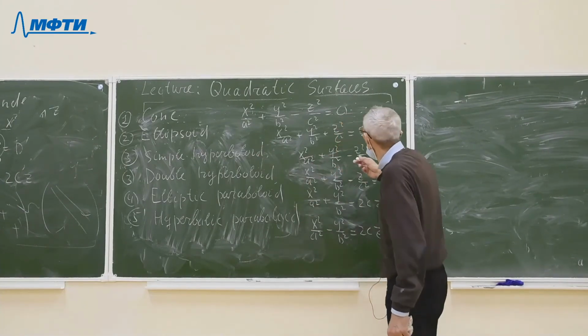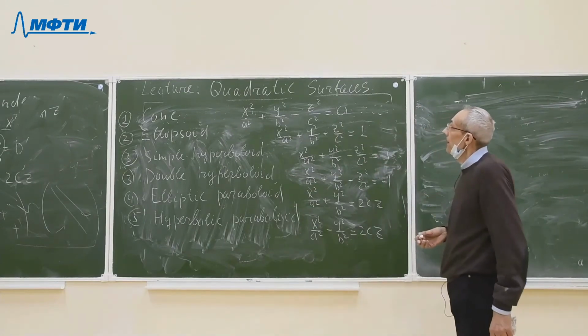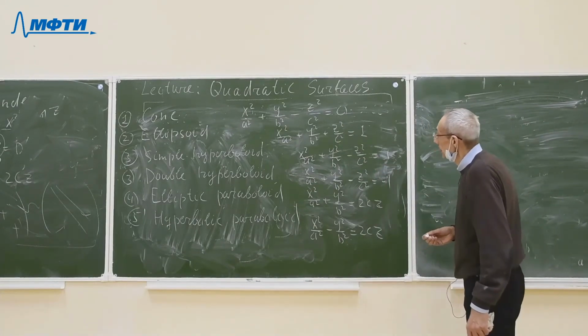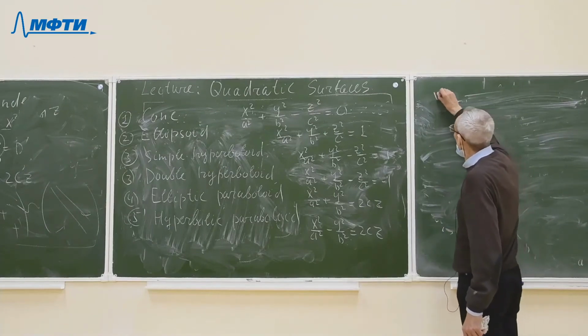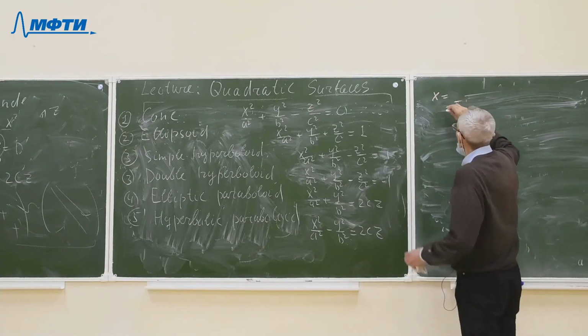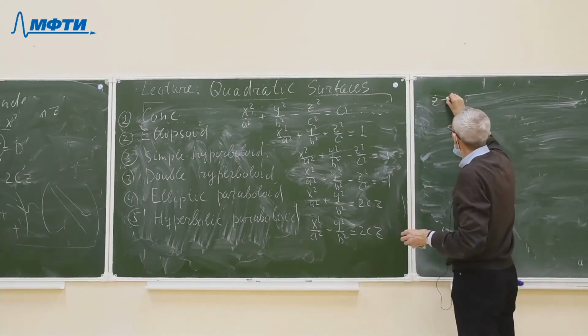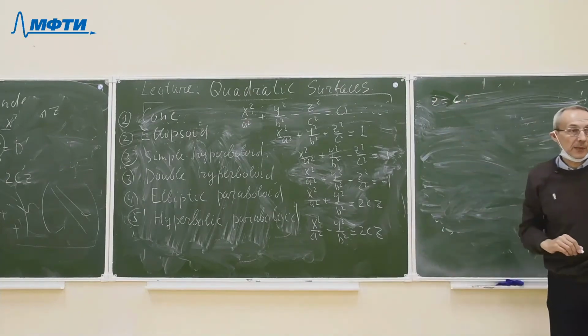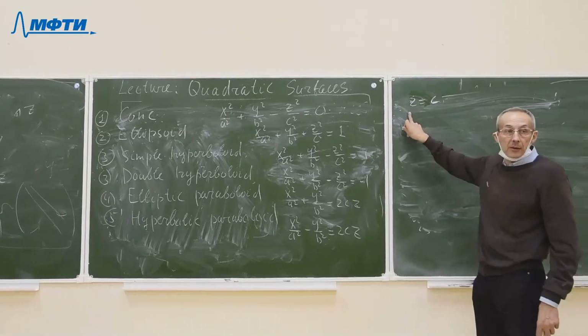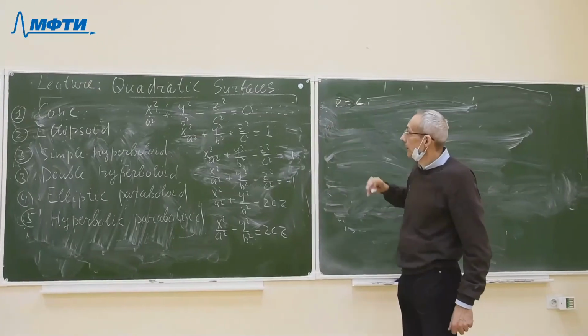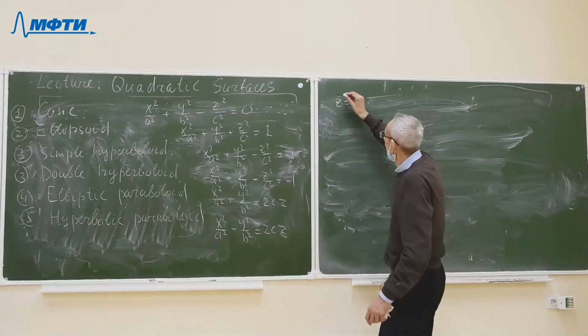But if z is not 0, for example, let z be equal to c, and let's consider the XY contour of our surface.